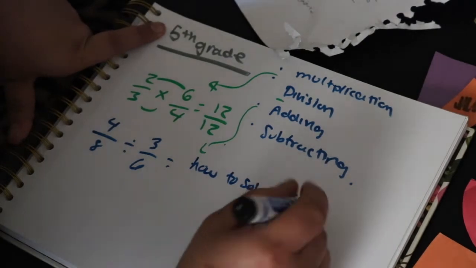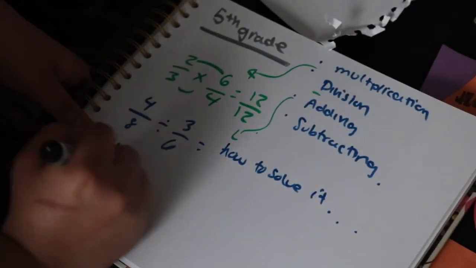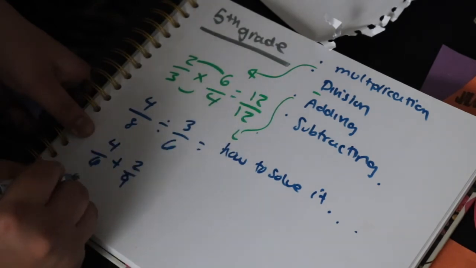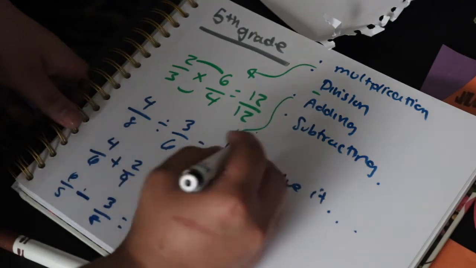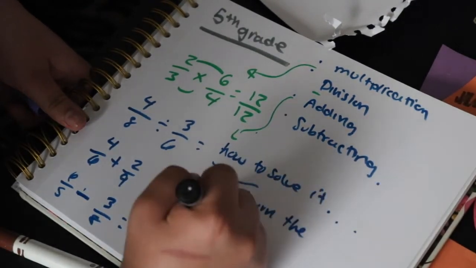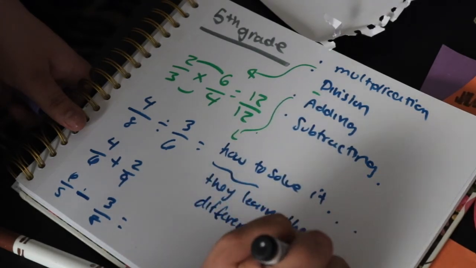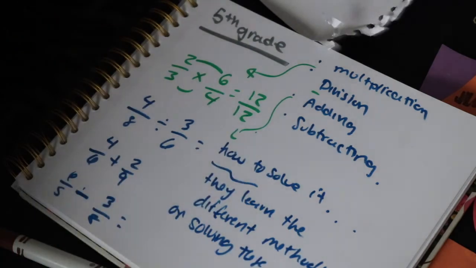So by 5th grade, they learn how to solve it, and they're pretty proficient in fractions, I would say. Because with all the information they learned about common denominators and how to make common denominators and solving the multiples, they use all that information from 1st grade to 5th grade and continue to use it through middle school, through high school, all the way to college even.